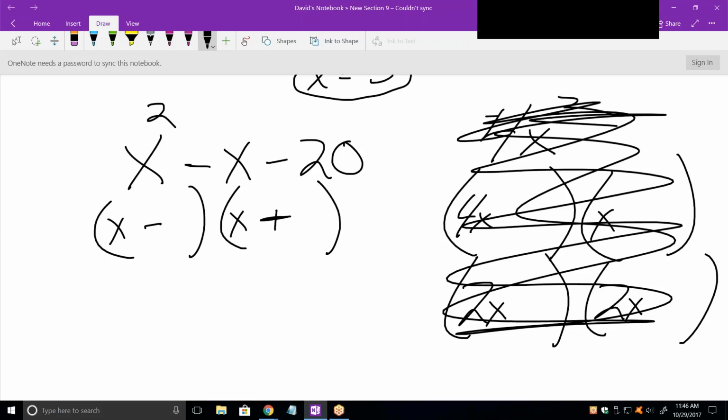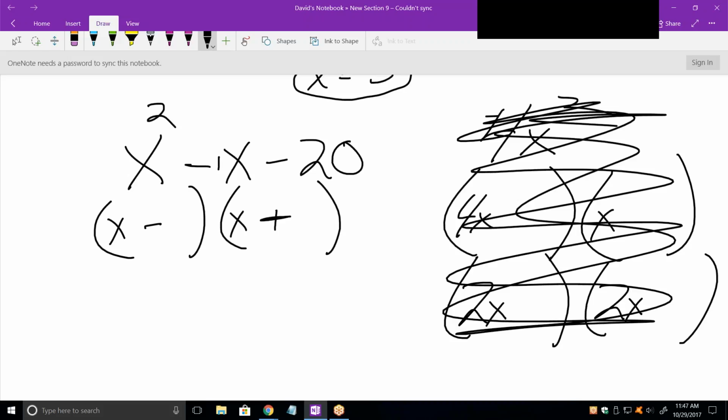Factors of 20 that subtract to what? Not x. The coefficient. The absolute value of the coefficient. What's the coefficient of x? 2? No, it's 1. There's a 1 right there.